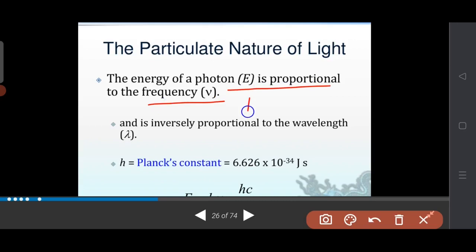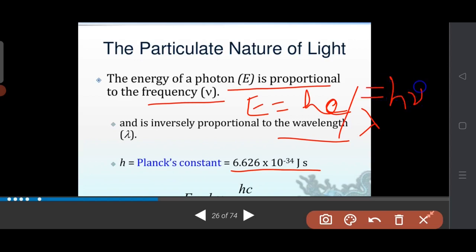So E equals hc by lambda, where h is the Planck constant, c is the velocity of light, and lambda is the wavelength. This is the formula by which we can get the energy of the photon. And since c by lambda is the frequency, we can say E equals h nu.